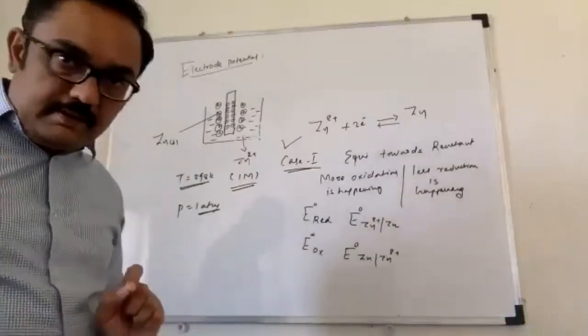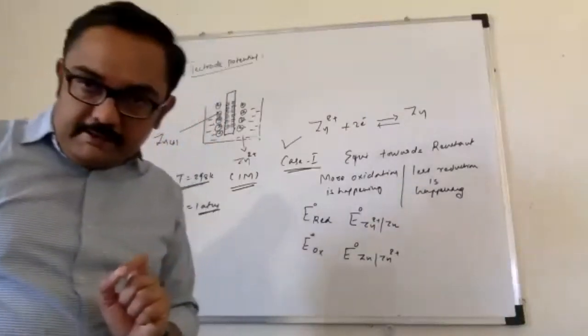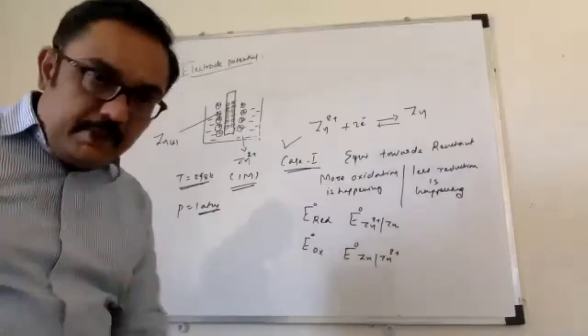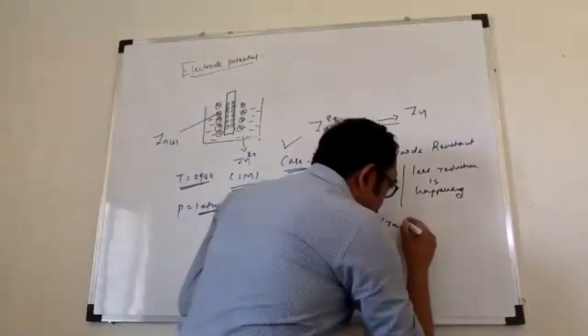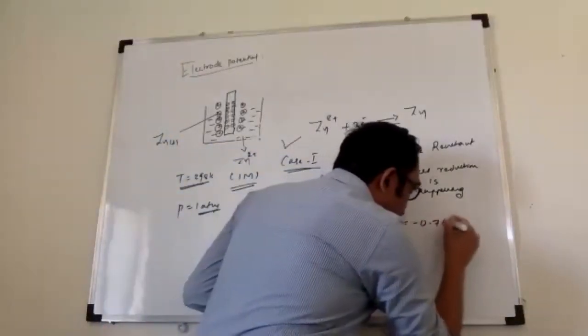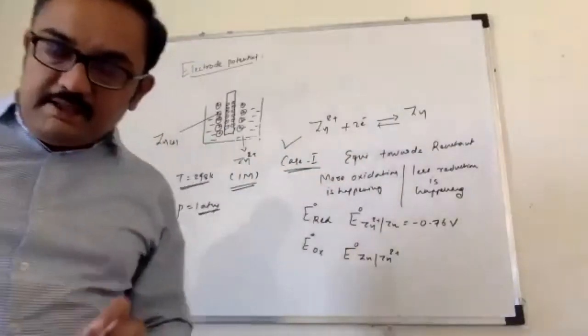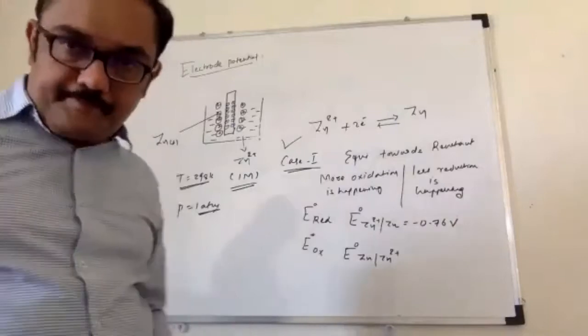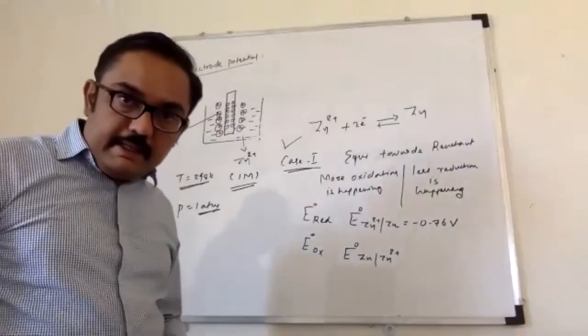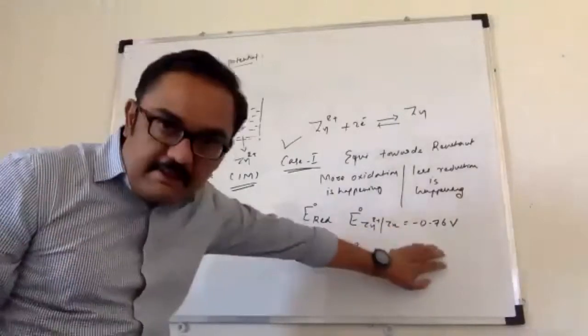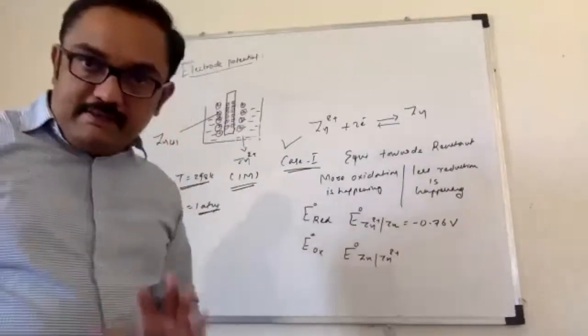Clear about this? In case of Zn, the standard reduction potential is minus 0.76 volt. What does it mean? As the standard reduction potential is negative, right?